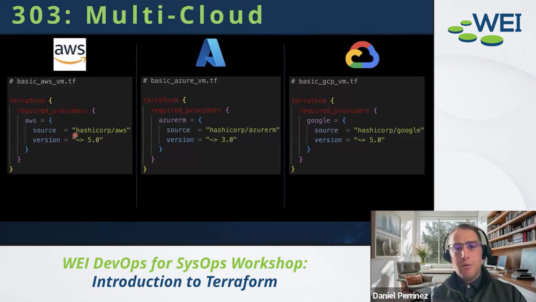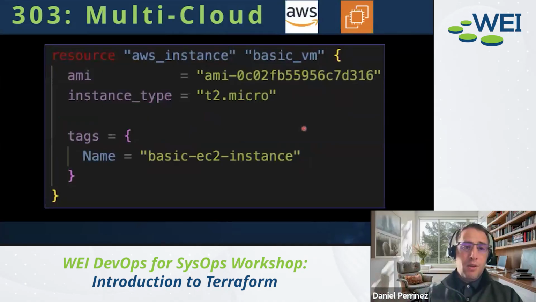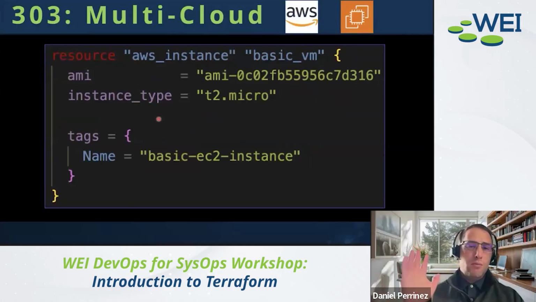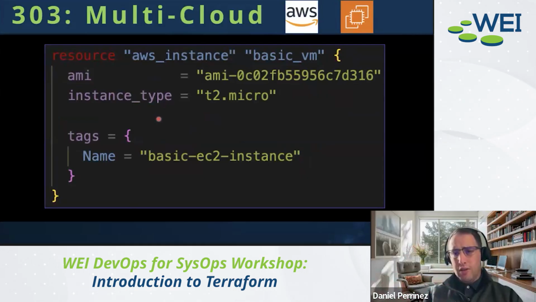So here we have three providers for AWS, Azure, and GCP. Let's dig in and see a little bit more of what that looks like when we want to create a VM. So in AWS, it can be as simple as just stating your AMI and your instance type. The provider for AWS is very, very robust. All of these companies that I'm mentioning, AWS, Azure, GCP, have full-time staff that are developing these because they want it to be easy for people to use their services.